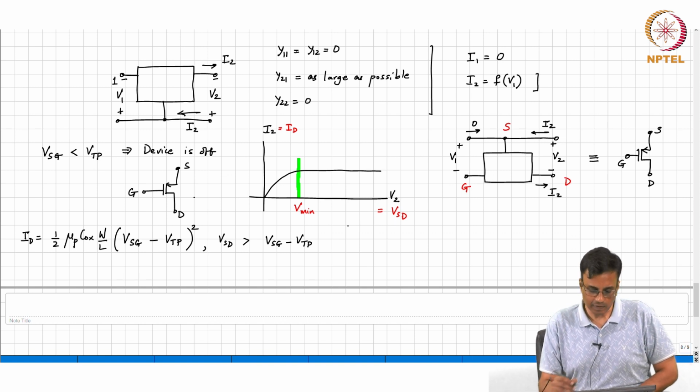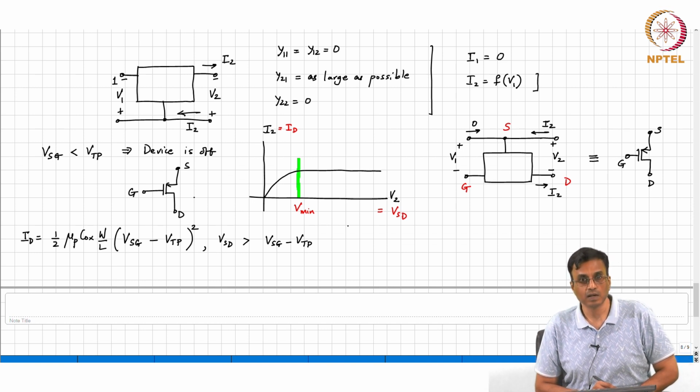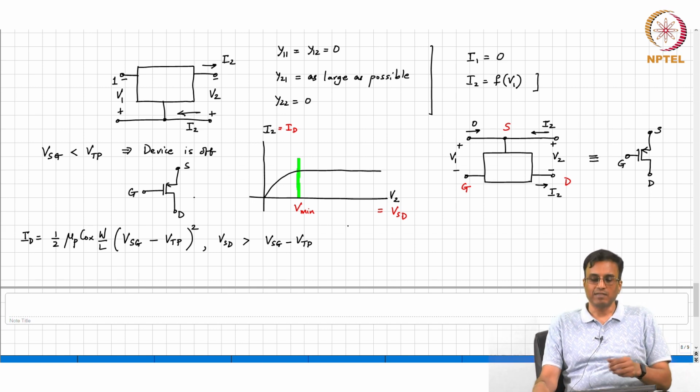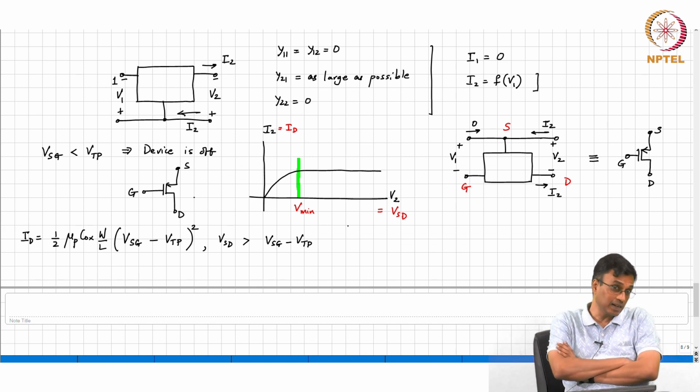In the NMOS case, what is the minimum voltage needed for the transistor to remain in saturation? Basically VDS had to be greater than VGS minus VTN in the case of an NMOS transistor.